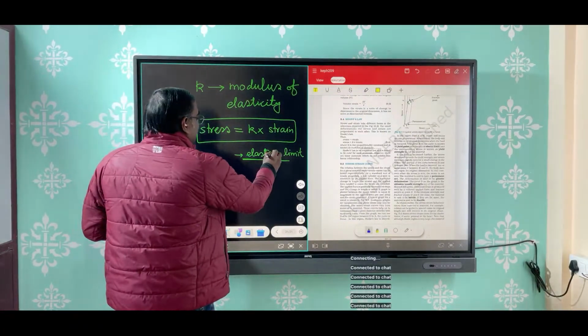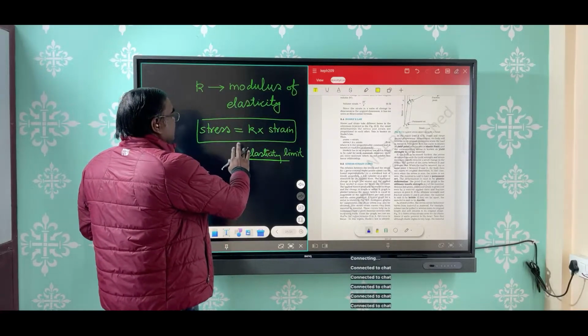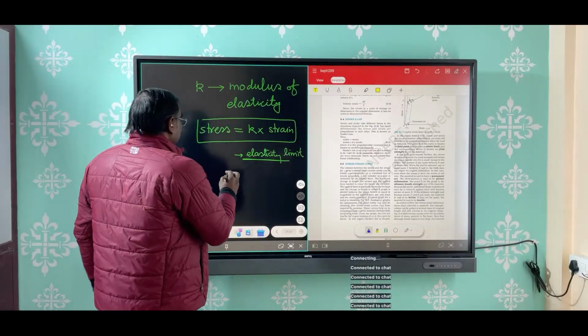So within the limit of elasticity, the stress-strain relationship is linear.